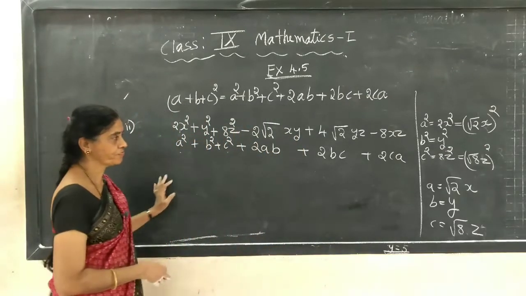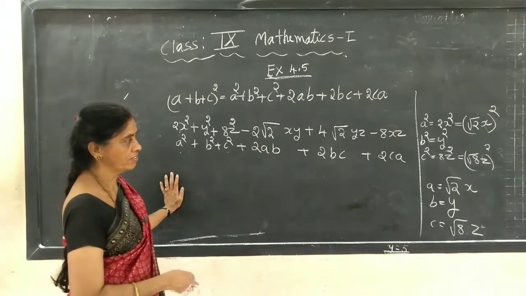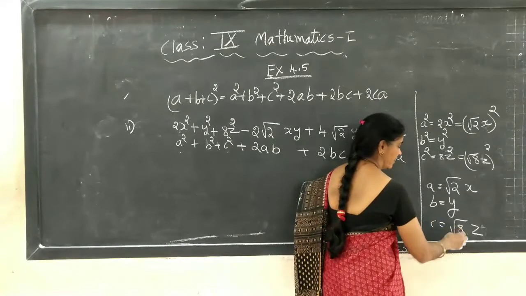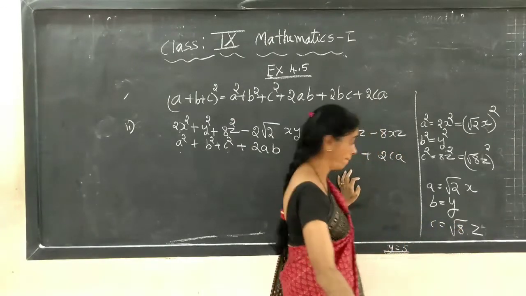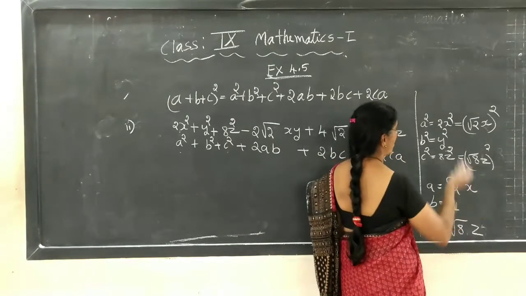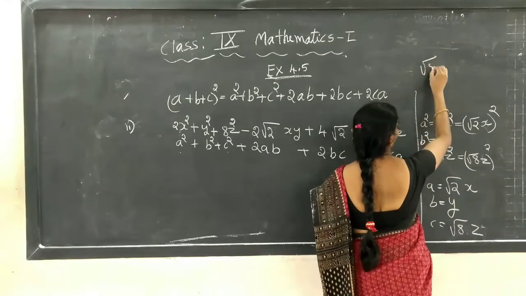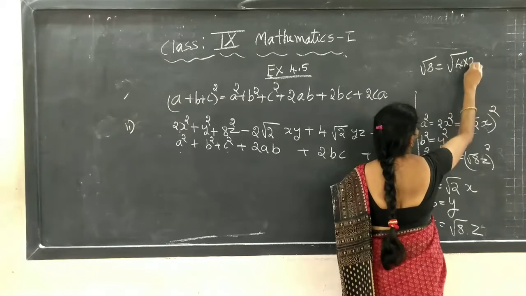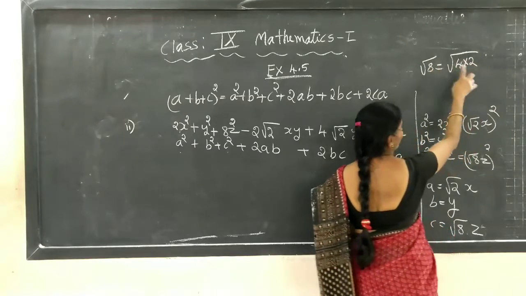Now, square root of 8 can be written as square root of 4 into 2, right? 4 times 2 is 8, and 4 is a square number.